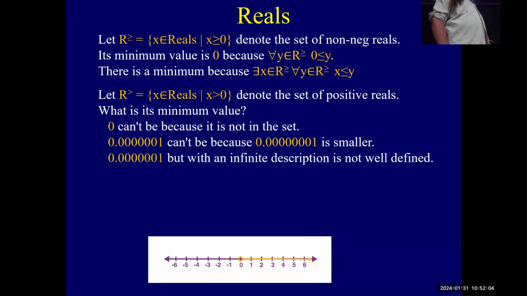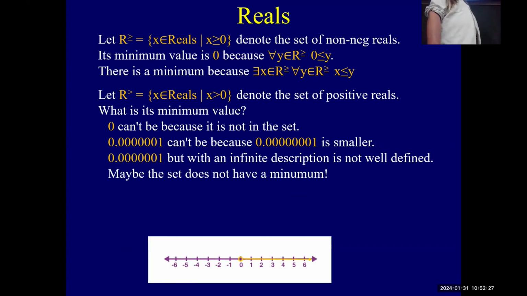You could say the minimum is like this, but has an infinite description with lots and lots of zeros. But you haven't really told me what number you're talking about. You're telling me some number is the minimum. I need to know what that number is. Everybody get that? So maybe it doesn't have a minimum.